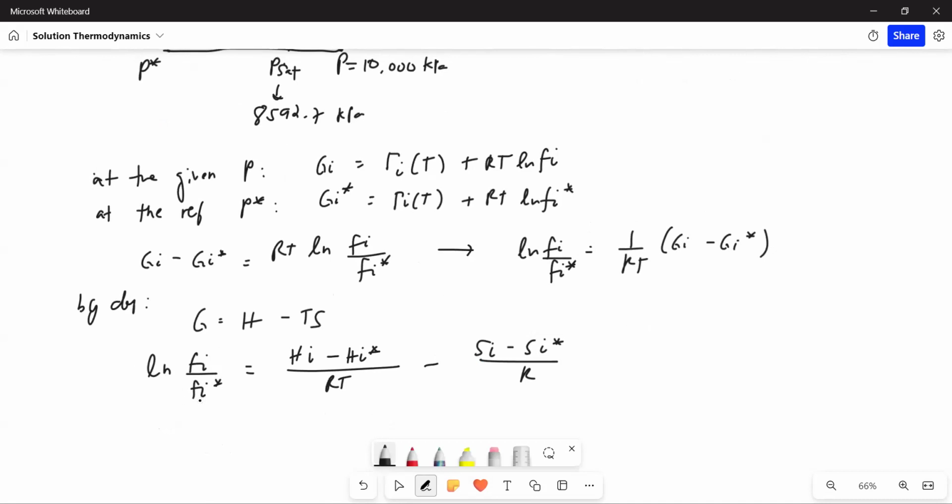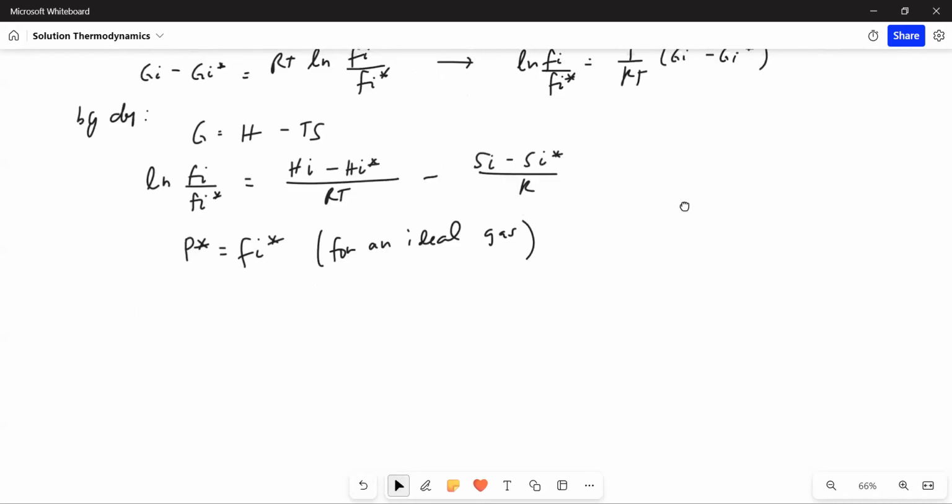We don't know this value. But if we set the reference pressure where the gas would behave ideally, then we can assume that the fugacity at the reference pressure is just equal to the reference pressure. So remember, this is true for an ideal gas.